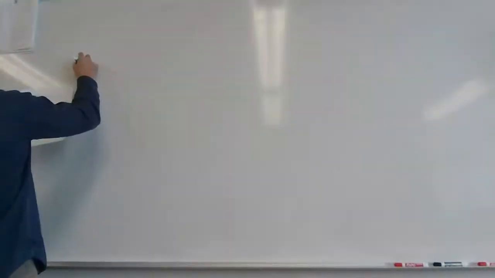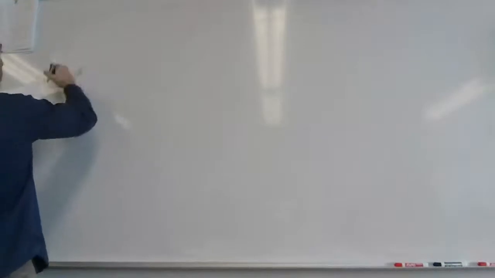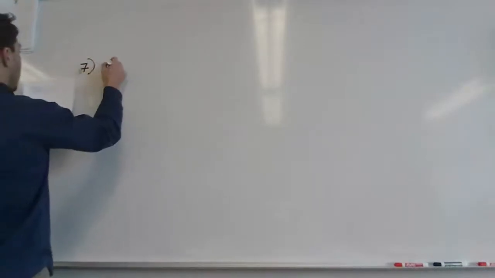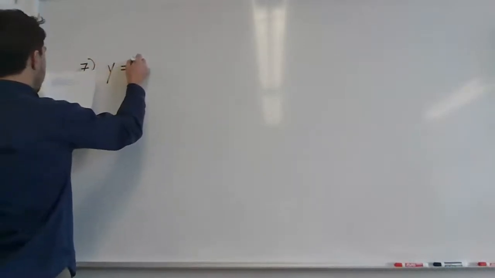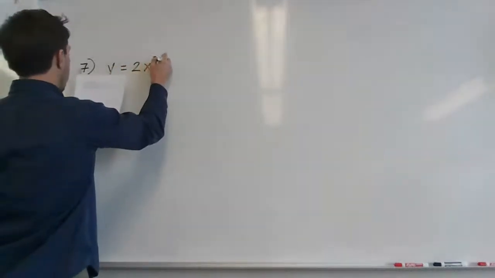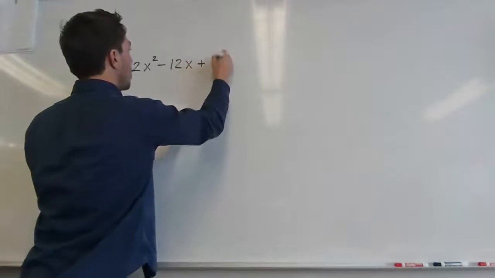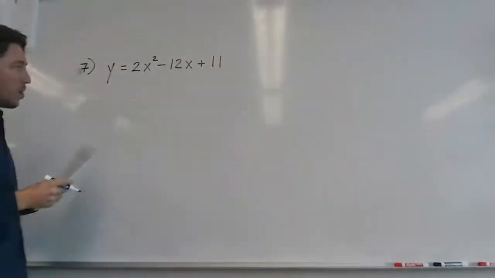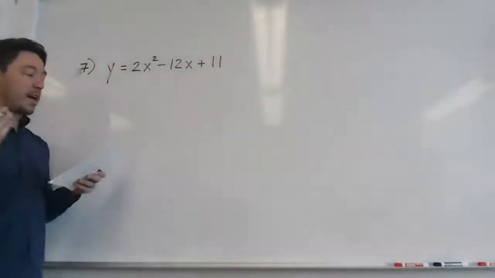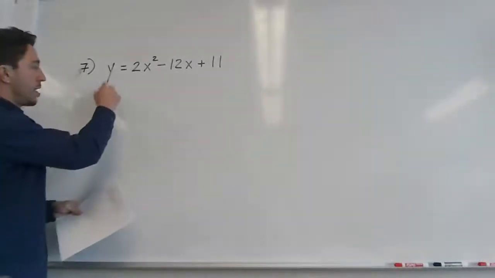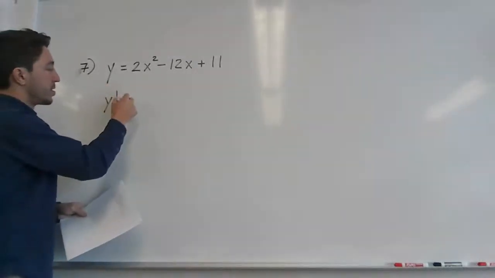So for number 7, here's your function. It says to draw f prime and f double prime number lines. That requires us to take the derivative first.